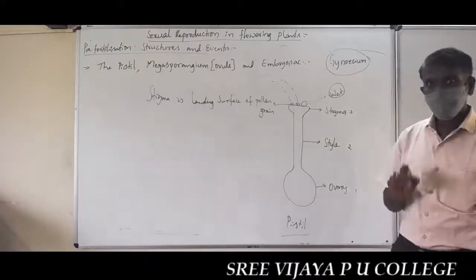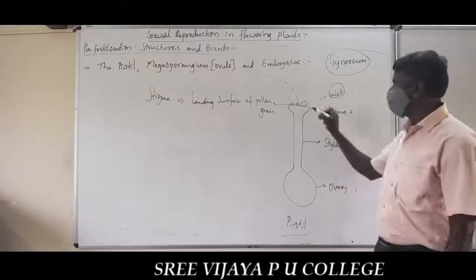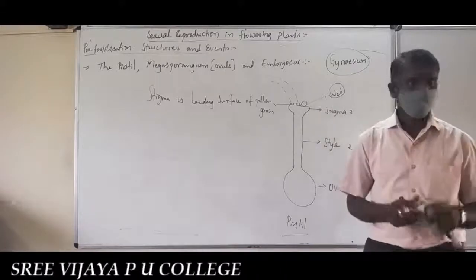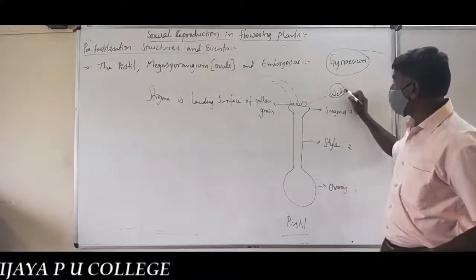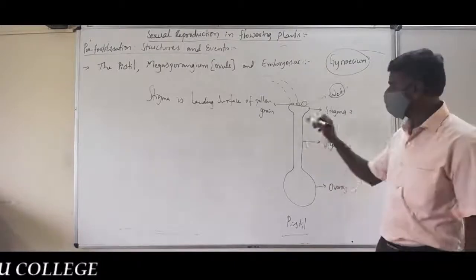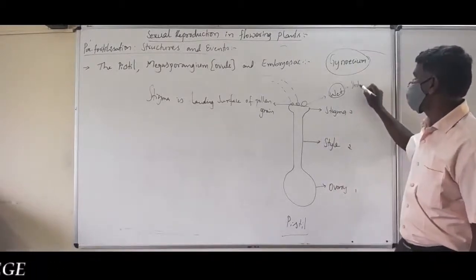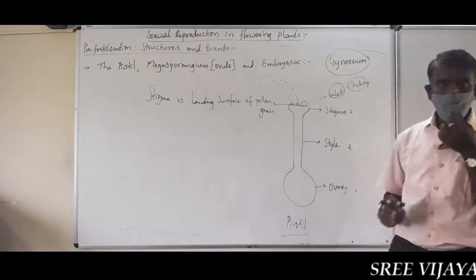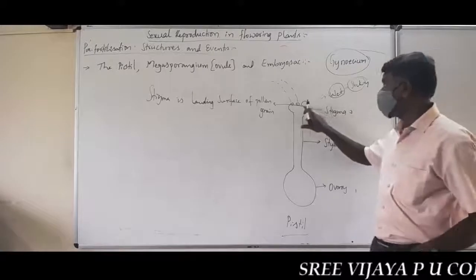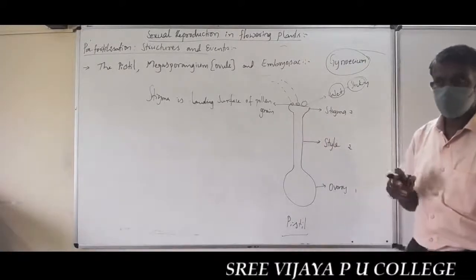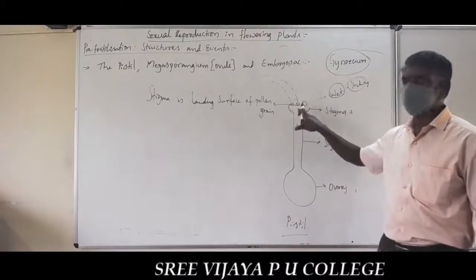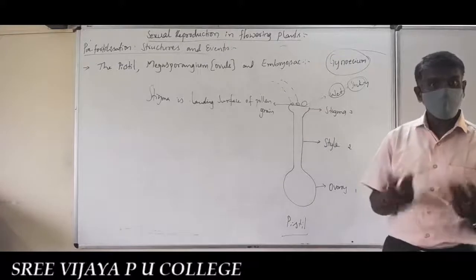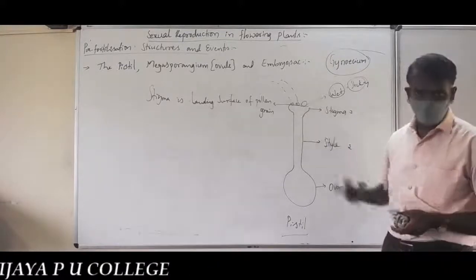If the pollen is dry, then the condition of the stigmatic surface is dry in nature. The wet condition of the stigmatic surface helps the sticking of pollen grains. If the stigmatic surface is in a dry condition, the pollen is not attached.